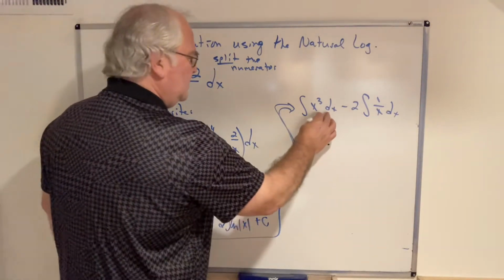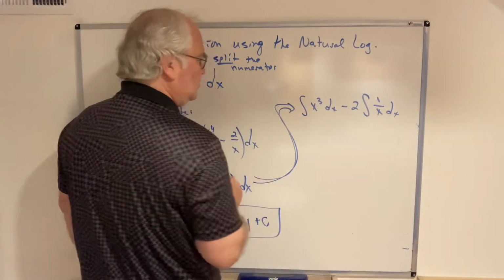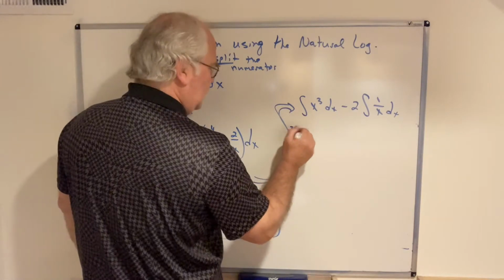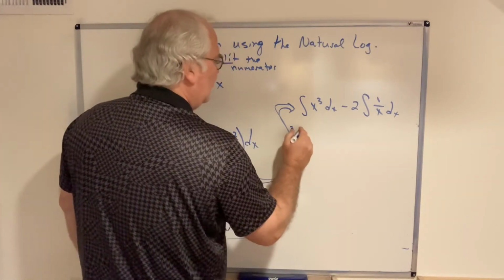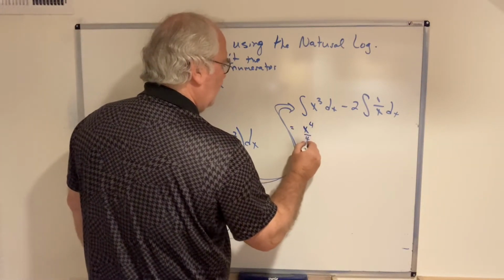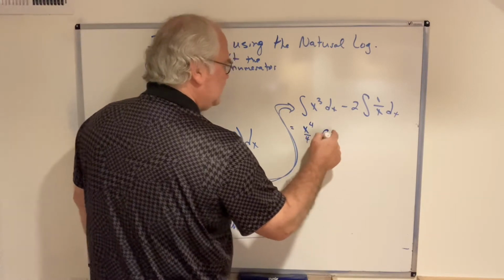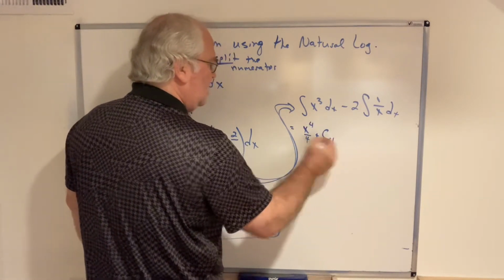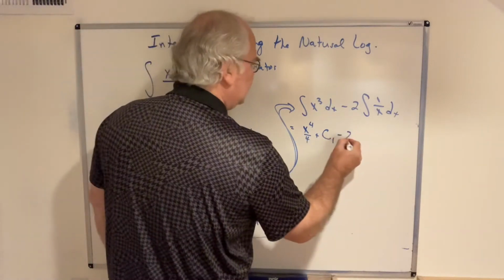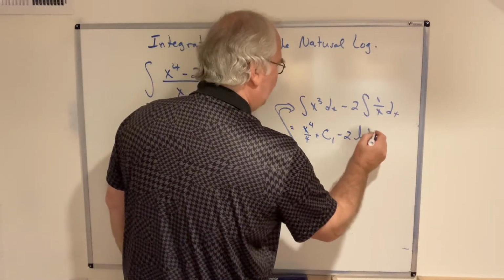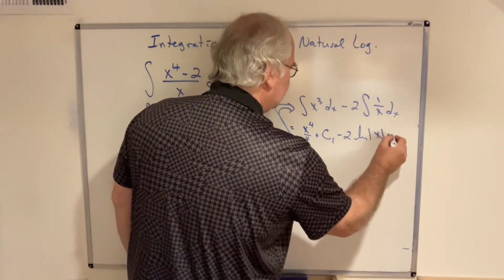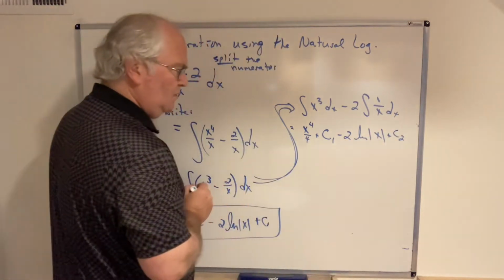And then each of these follows the power rule, and this is the natural log rule. One small detail: if you do this, then when you write this as x to the fourth over 4, you add this constant, think of this as being constant number 1, minus 2 times natural log absolute x, and then this is plus constant number 2.